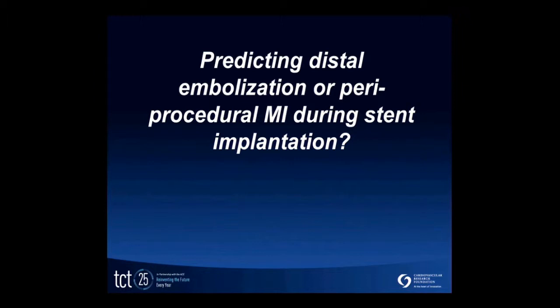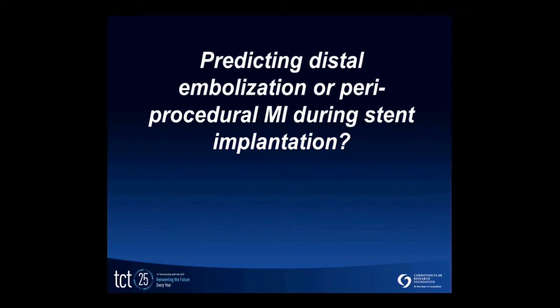There have been a lot of papers looking at distal embolization and preventing distal embolization during stent implantation. And as you know, the data is all over the place. Single studies suggest that it makes sense to do aspiration. Multi-center studies have failed. And one of the reasons may be that they're just looking at all comers.